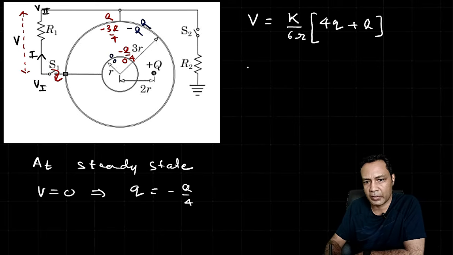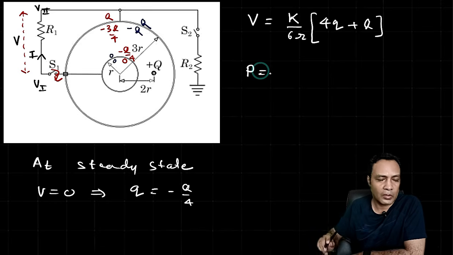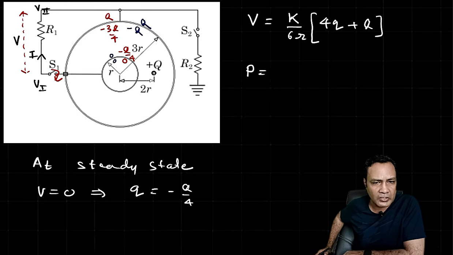So for that, let me write the power dissipation. For the power dissipation, I can write I square R, I can write VI, I can write V square by R. And remember one thing, for the total heat dissipated, there is no role of R1.